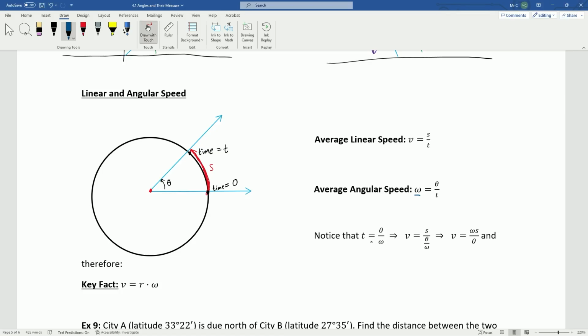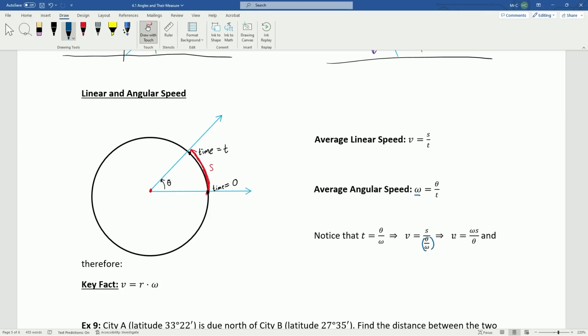And if I substitute that value of t into the average linear speed formula, I get that the linear speed equals the arc length divided by theta divided by omega. But division by a fraction is multiplication by the reciprocal. So velocity equals omega times s divided by theta.